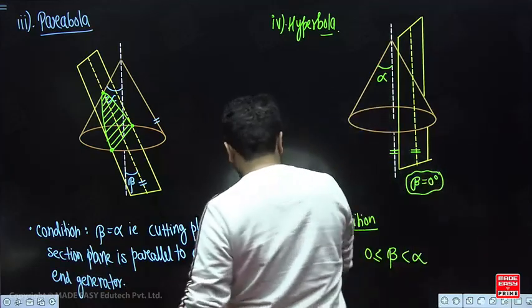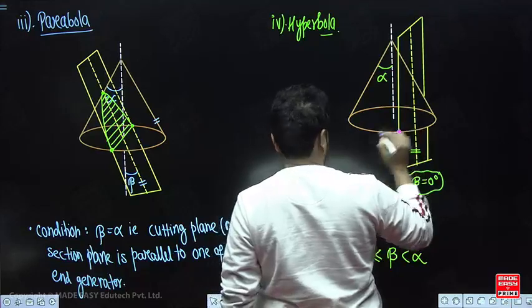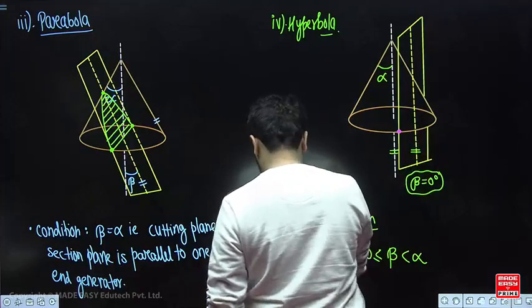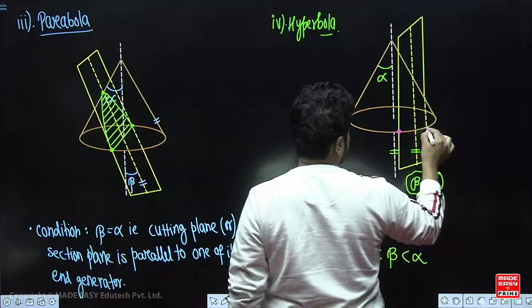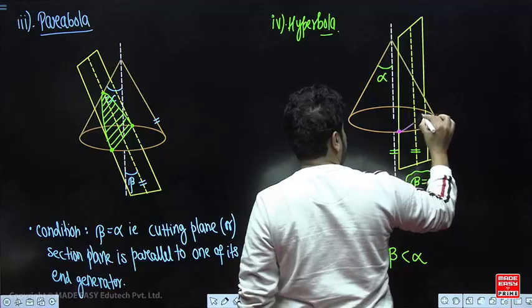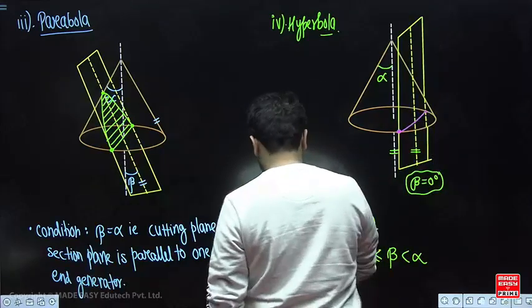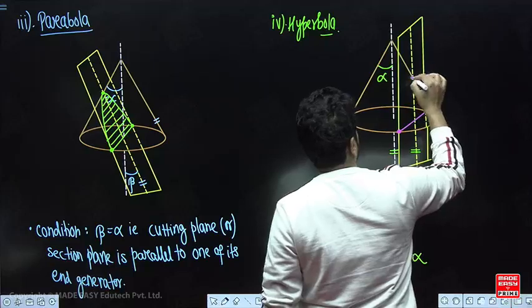Correct? So again you can see that the same points will be there. One point is here, another point is diametrically opposite, the same thing, and there will be a point here, isn't it?